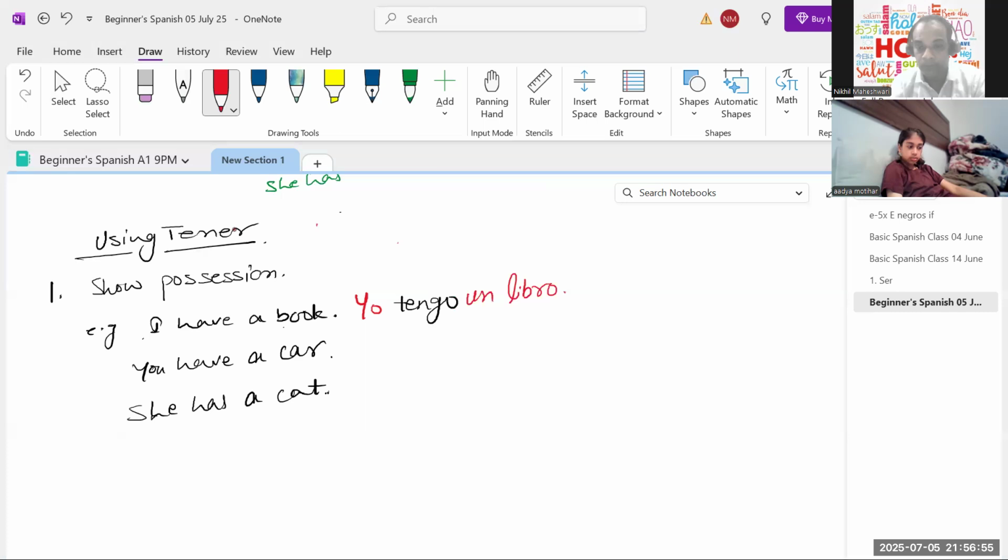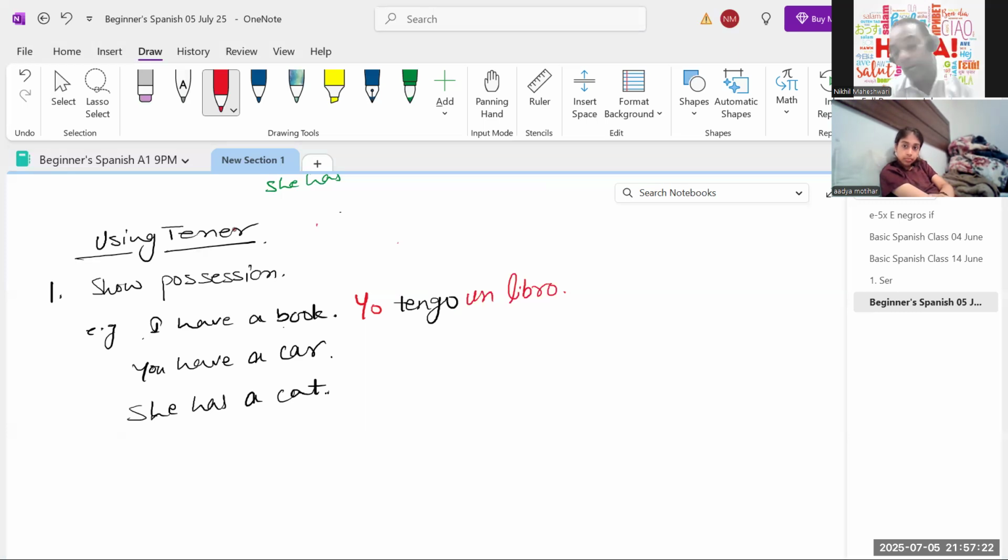Yes. So here you can replace this book with any noun, like we have replaced the book with car and cat in the other sentences. Whatever object you want to put here, you can, and you just need to use the different conjugation of tener according to the person that you're talking about. So I have a book, yo tengo un libro.